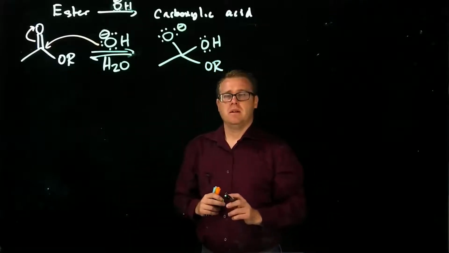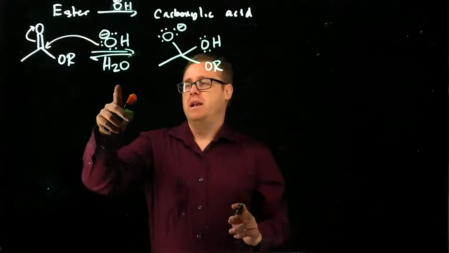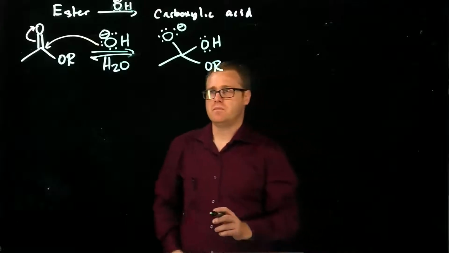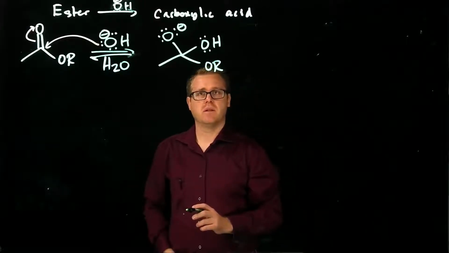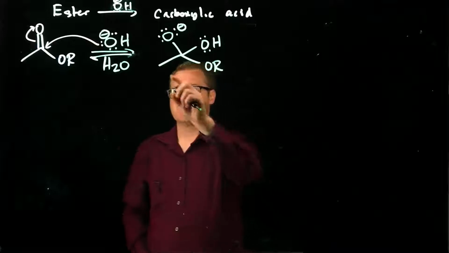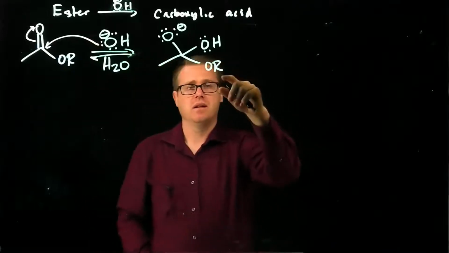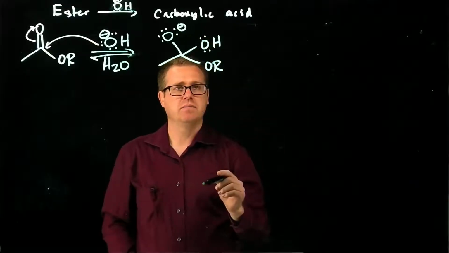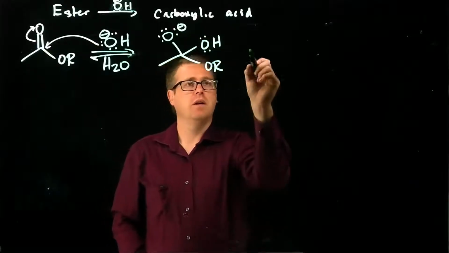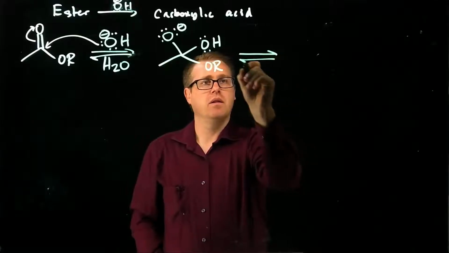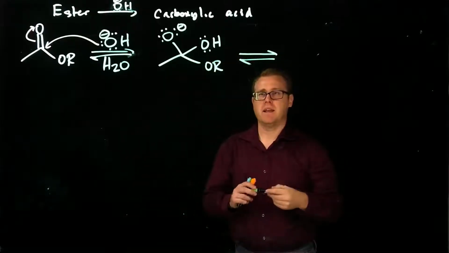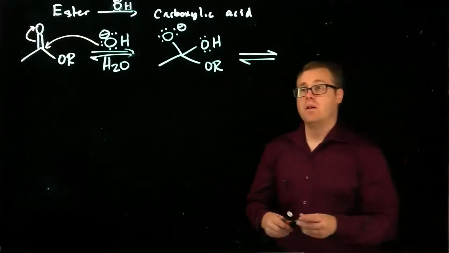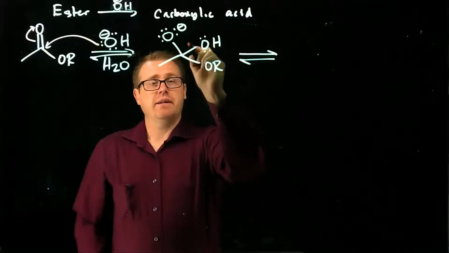Okay. So what would be the next step here? Let's see here. What did we get? So the base came in. We could collapse that down. So let's see here. Here we have our tetrahedral intermediate.